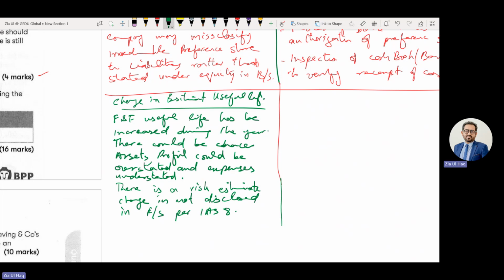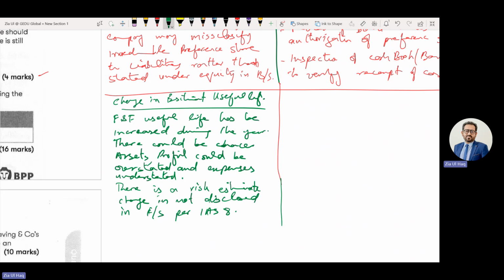So how can we verify the useful life he has changed is genuine? There was no intention behind it to overstate asset and profit. How can we verify that the asset is actually having that useful life? Is this a matter involving judgment and estimate?